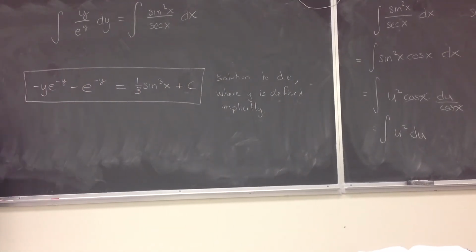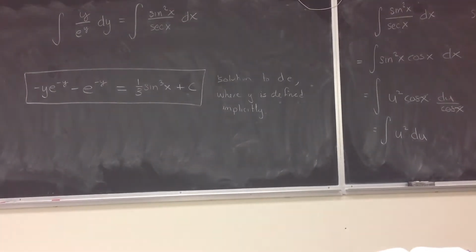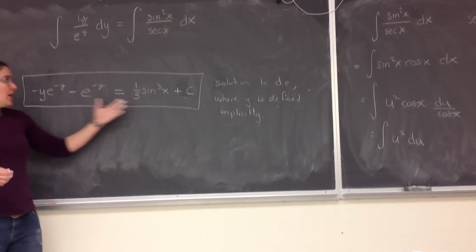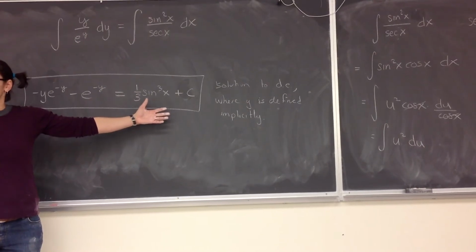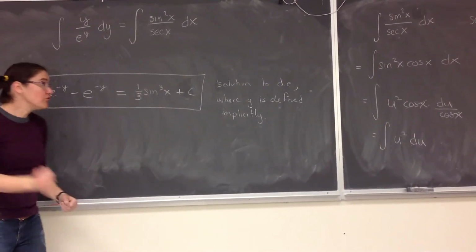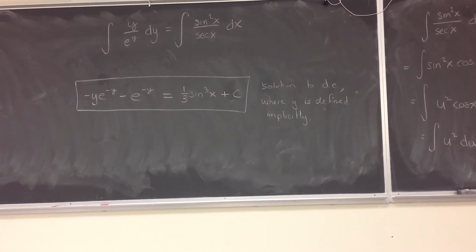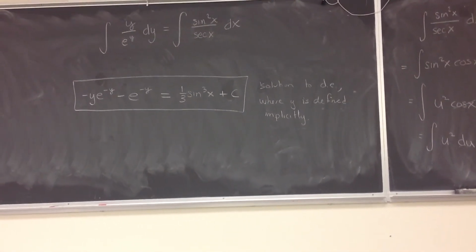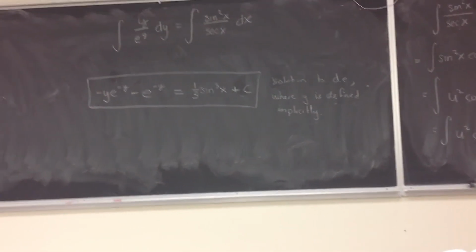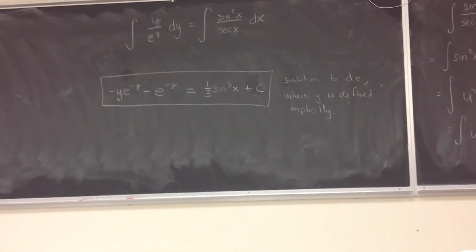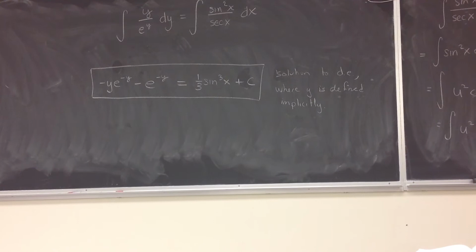So we have an equation that involves x's and y's. y is some function of x. And at this point I stop and I look at this and I say, I would really like to solve this equation for y and have y equal to stuff in terms of x. And I look at that and I say, there is no way that I'm going to be able to do that. This is just algebraically impossible.